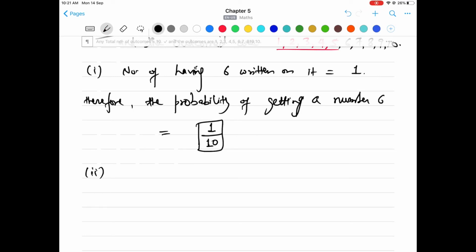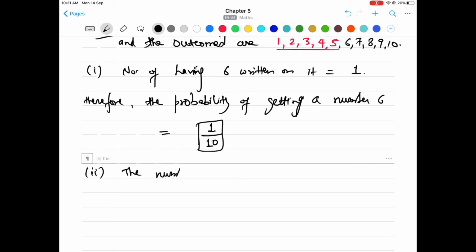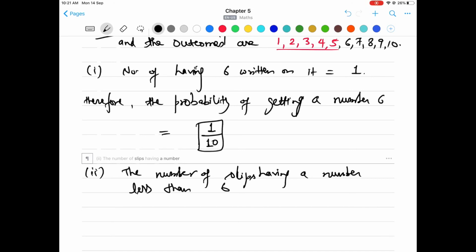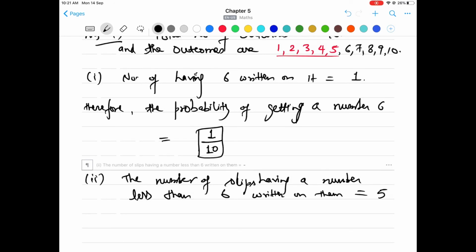First you'll write the outcome: number of slips having a number less than 6 written on them, that number is 5.